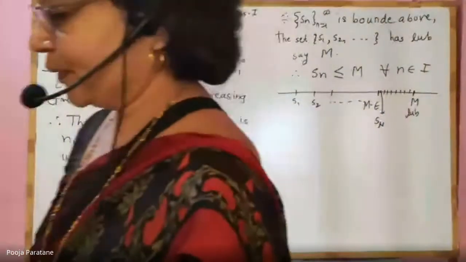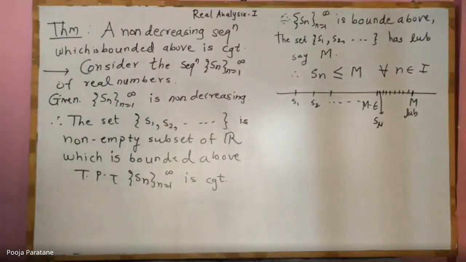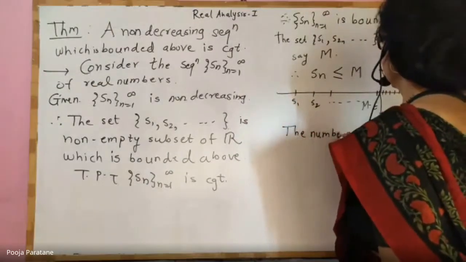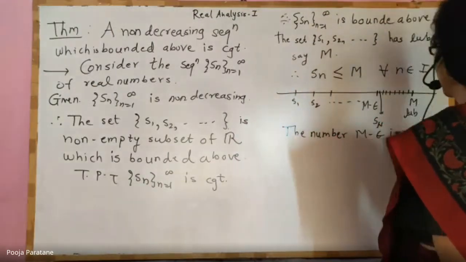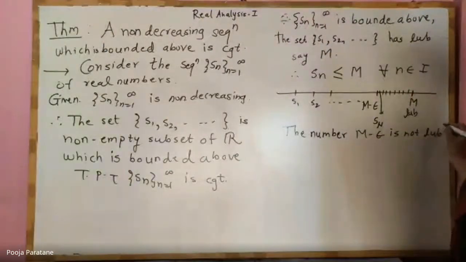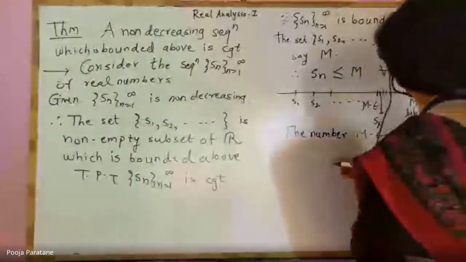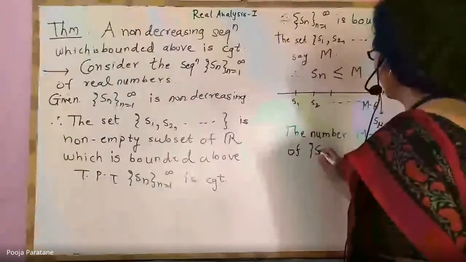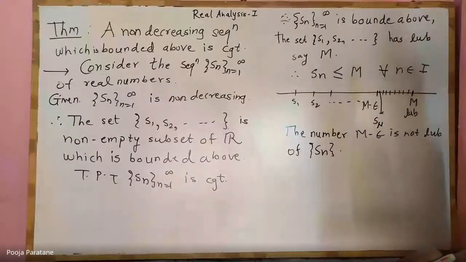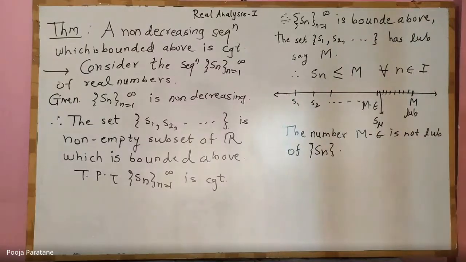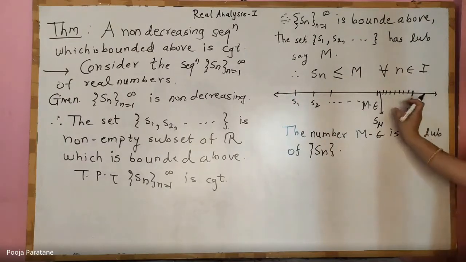So let us write down that. The number M minus epsilon is not the LUB of the sequence Sn. And from the diagram, if you draw this diagram in a better way, you will come to know which terms we are considering.